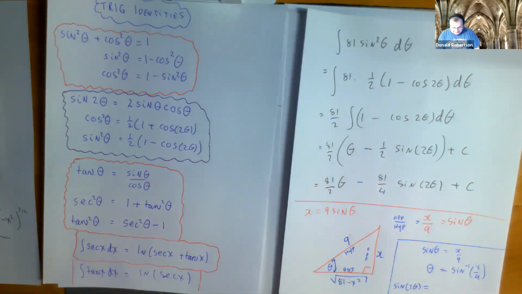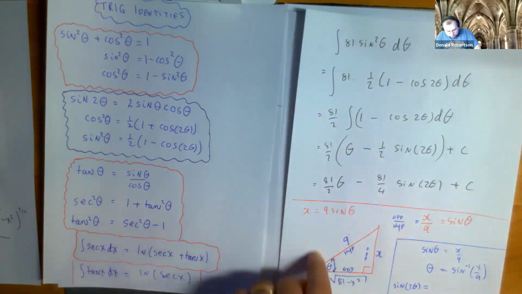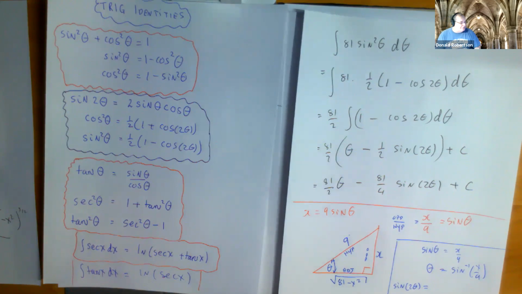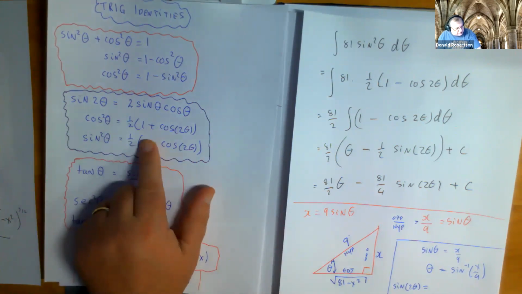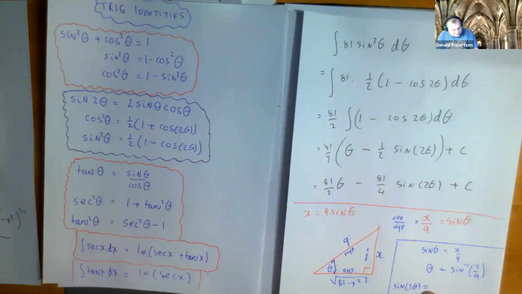Which means I need to look over here. This triangle can only tell me what sines and cosines and tangents of thetas are. It doesn't tell me directly what the sine of 2 theta is, or the tan of 2 theta, or anything else 2 theta like. But isn't there a formula that we can use from over here that tells me a different version of this?